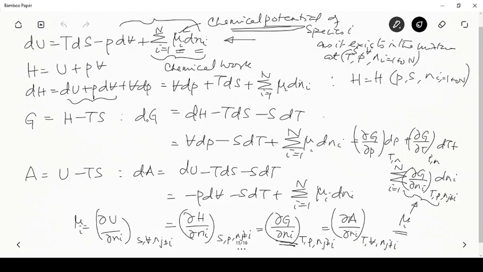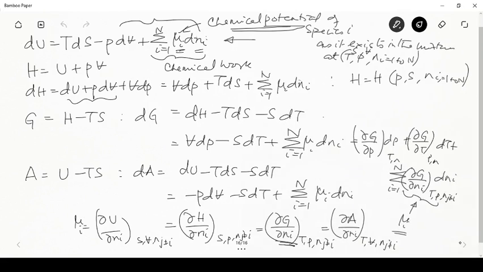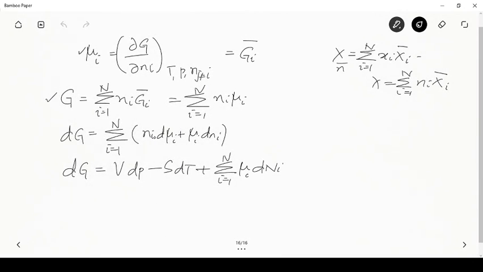So dG is V dP minus S dT plus summation of mu I dNi, where we derived it from the basic thermodynamic relationship. So if I compare these two expressions, I'll see that the summation of mu I dNi is common to both of them. So if I just remove that, then I'll be able to say this is equal to this.